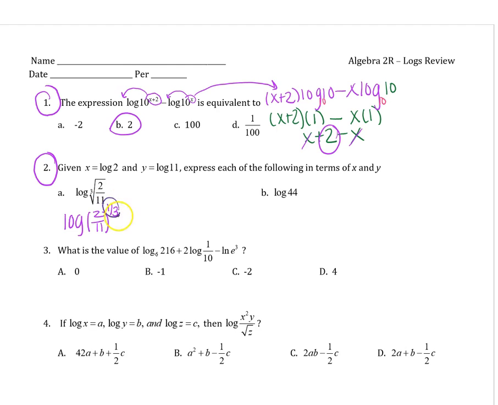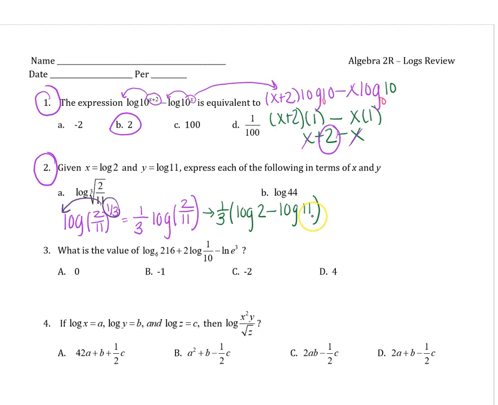I'll then take this exponent and move it out in front. So this is 1/3 times log of 2 divided by 11. Now what you need to remember is that division is related to subtraction. So this can be even further rewritten as 1/3 times the log of 2 minus the log of 11.